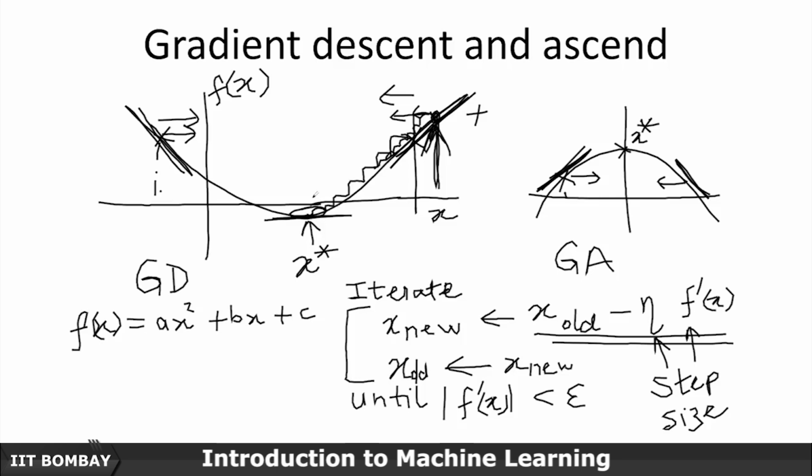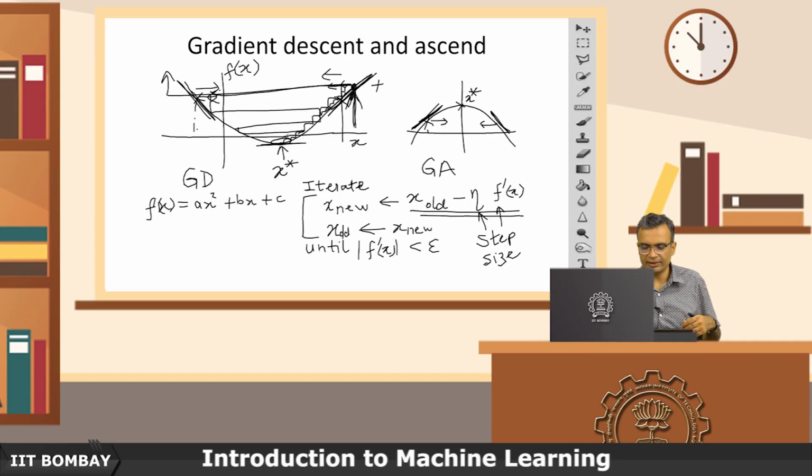If eta is too large, then my update is going to be so large that I can increase f of x instead of decreasing f of x. So, as long as I keep decreasing f of x, eta has to be smaller than a certain number. So, this eta is a positive number, but it cannot be very large.